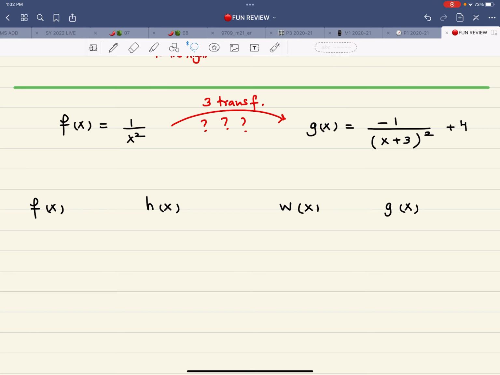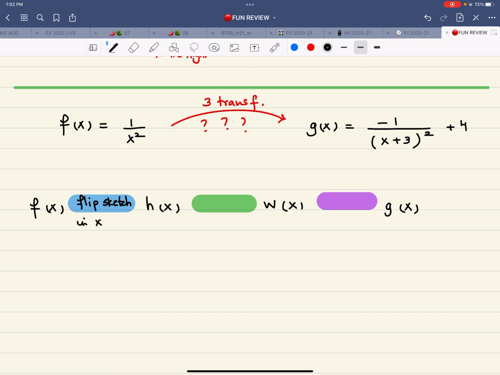So 4 functions, because there are 3 transformations. The first transformation is like this. The second one is this green one, and the last one is the purple one. In the first one, flip the sketch in the x-axis. That is because of this negative sign.